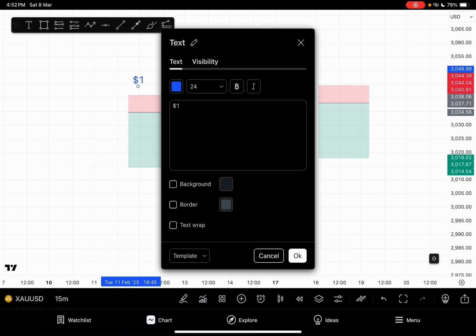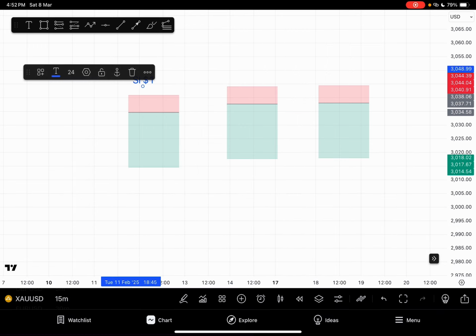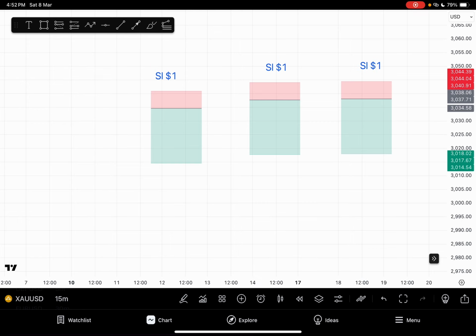Stop loss is $1 for the first trade. Then for the second trade, same thing, since I use the same lot size and the same pips for my stop loss. For the third trade, same thing also.